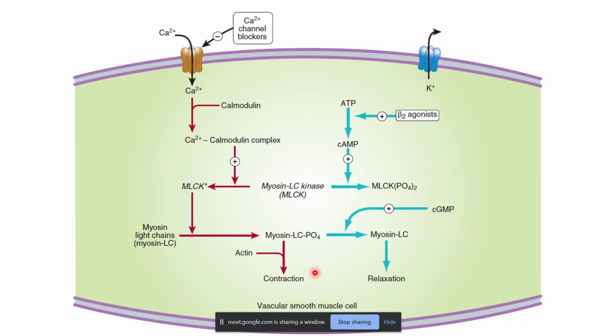The beta agonists are not used in angina because they cause too much cardiac stimulation, but fenoldopam and the alpha agonist are used in hypertensive emergencies.